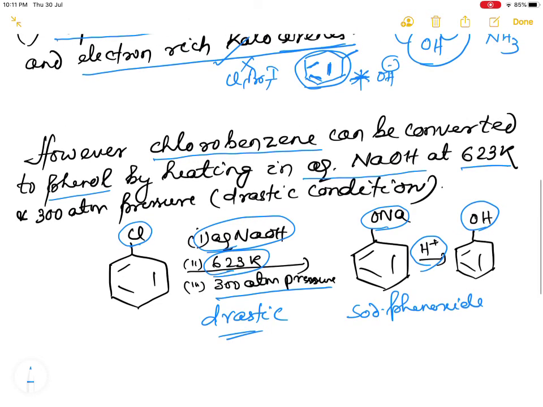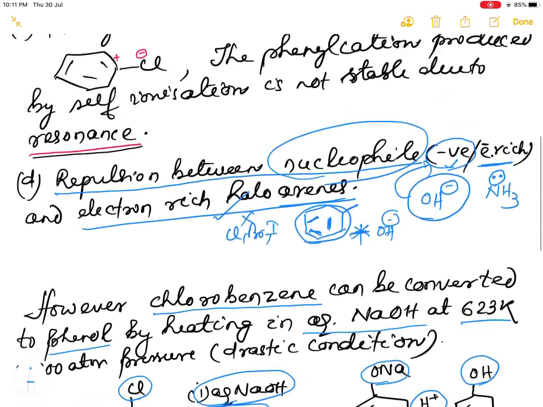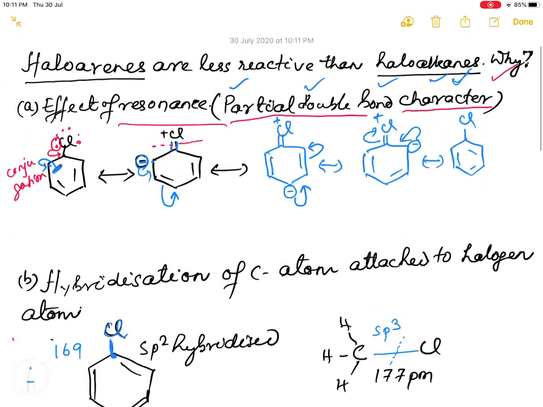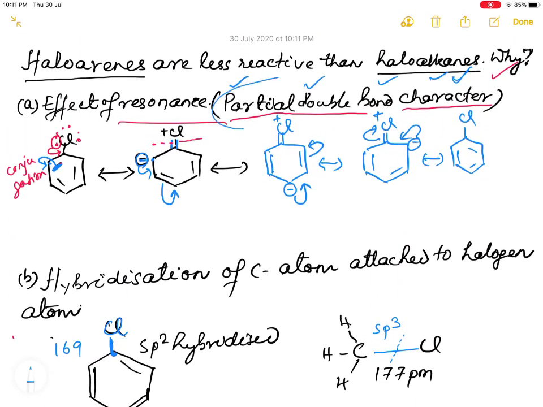But usually chlorobenzene does not show nucleophilic substitution reaction because of the above four points. Number 1, partial double bond character between this carbon and this chlorine.